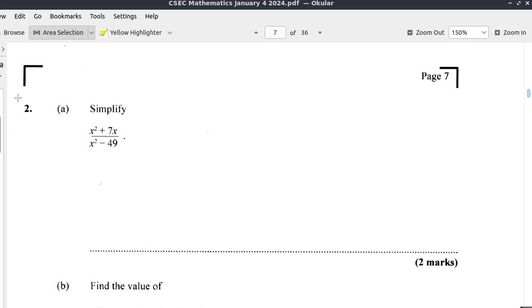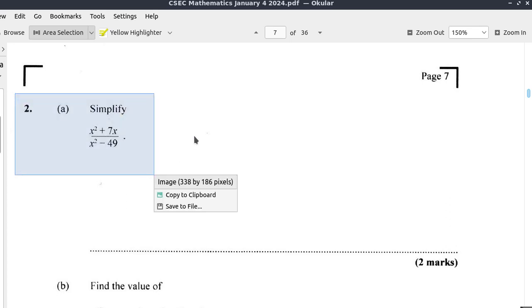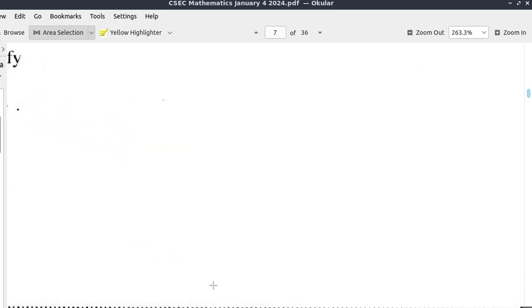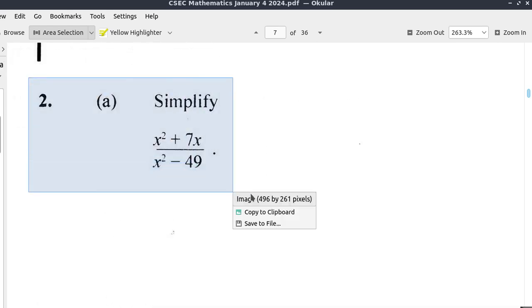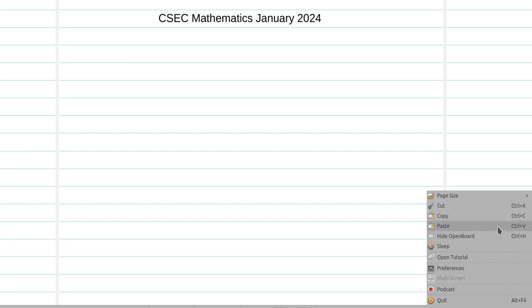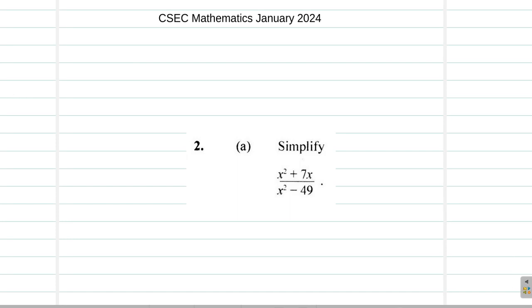Now, with our question 2, we must simplify this expression. Let me copy it and put it over here. You're going to simplify it.